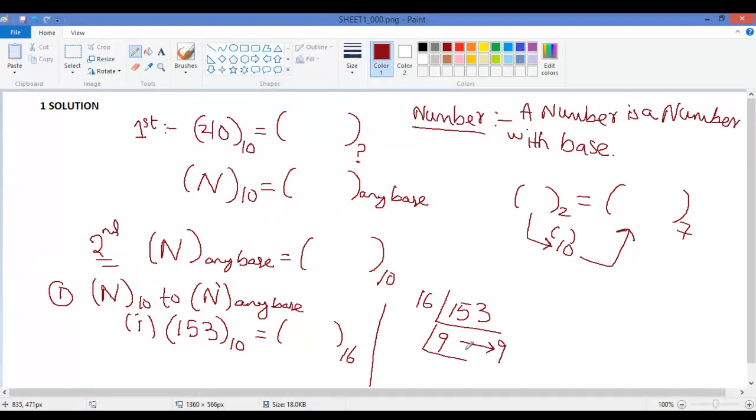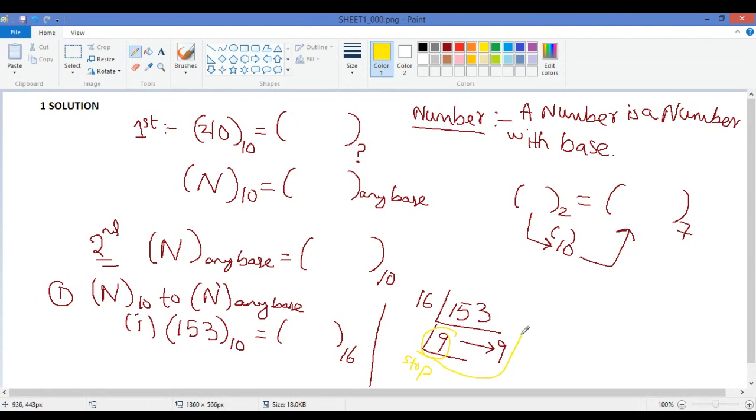Remainder is 9, okay? Now you see, whenever this number becomes less than the base, this number is less than 16, you should stop. You should stop and take the numbers from bottom to top.